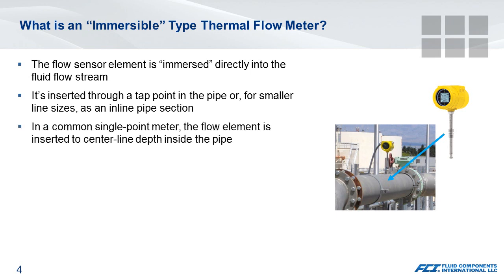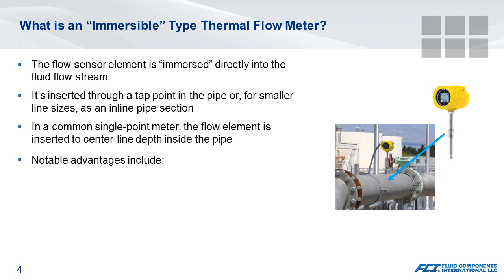So thermal flow meters, just a reminder of a couple of the advantages. They are direct mass flow measuring. They have wide turn downs. We'll talk a little bit about that more later, but 100 to 1 is typical for every thermal flow meter manufacturer, and some have the ability to do more than that. There's no moving parts.